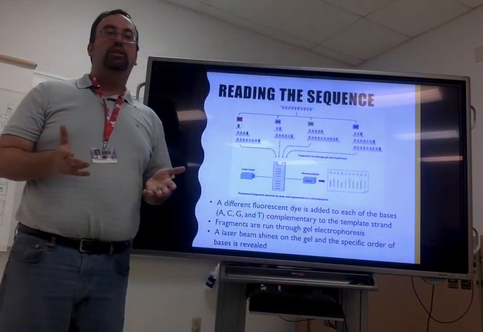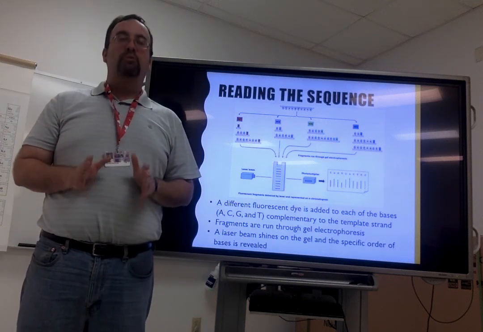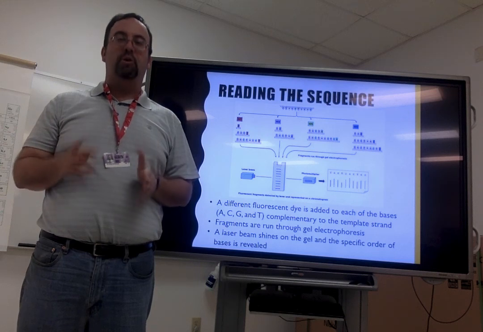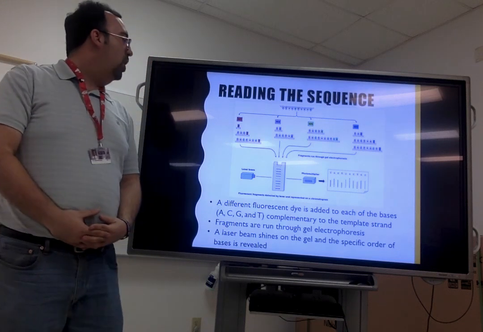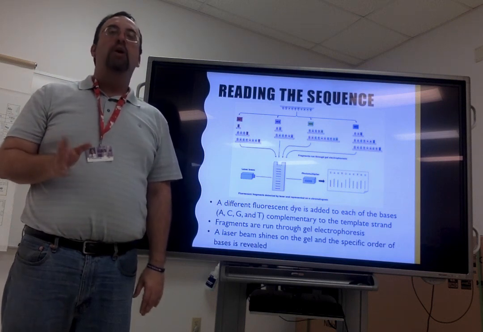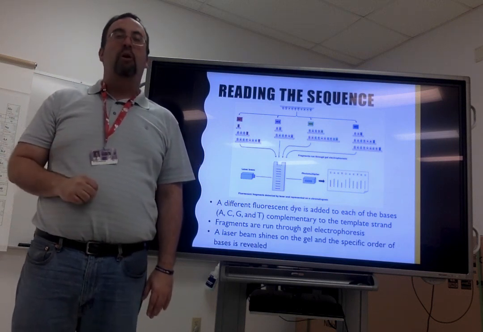All right, and so I talked about the fact that you're able to read the sequence of DNA once you break it down into small parts using the restriction enzymes. What scientists have done, and this is actually very clever, remember that in DNA there are the 4 bases.